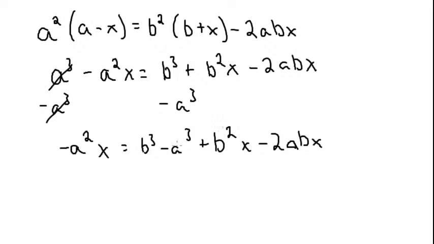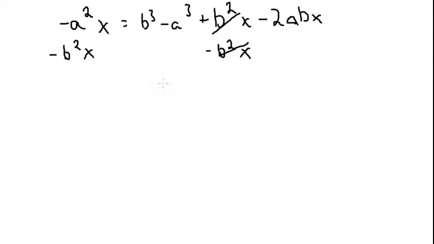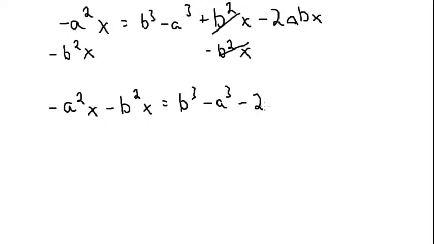Okay, so now all my terms without x are on the right, but I need to move these two terms over to the left since they have x in there. So minus b squared x, because this is plus, we need to minus. So this term cancels out, and it gives us negative a squared x minus b squared x is equal to b cubed minus a cubed minus 2abx.